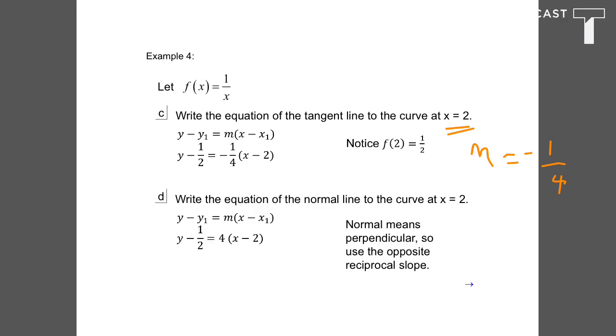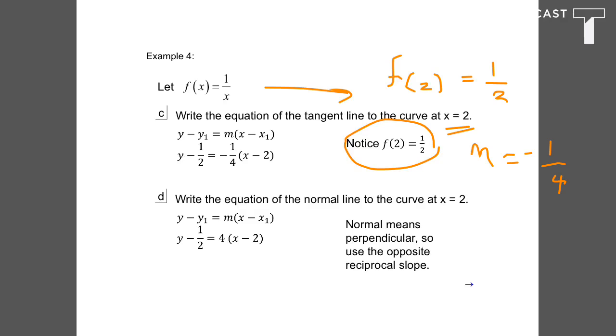So I'm going to use my function rule. I want to find f of 2. Well, with this function, you find the y value by dividing 1 by your x value, so 1 divided by 2.